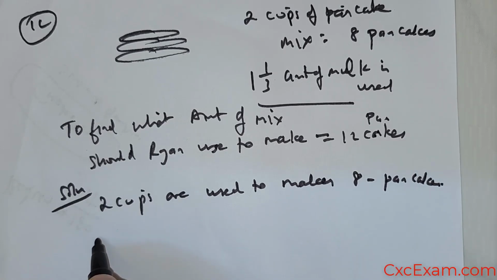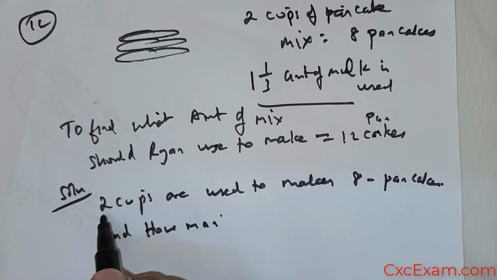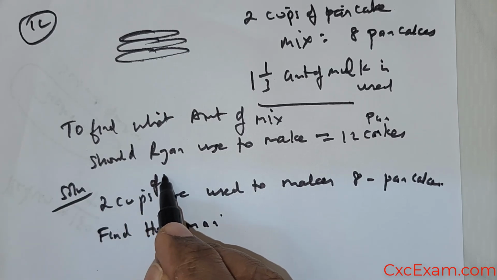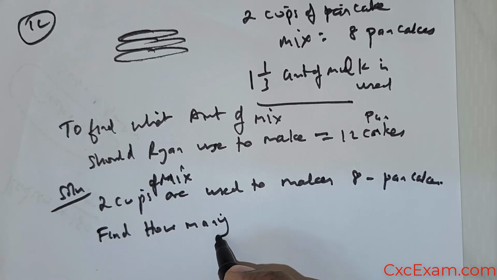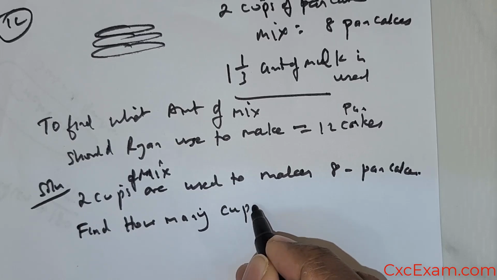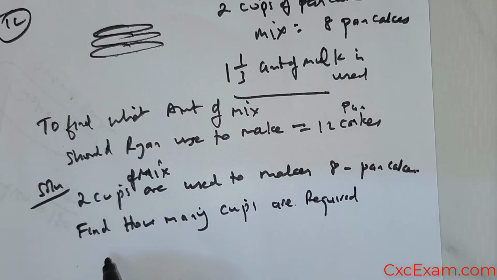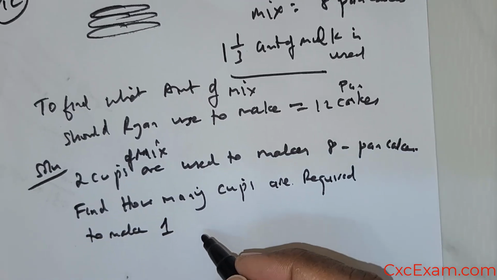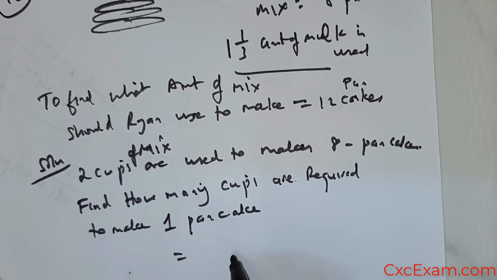So I want to find, when I say 2 cups of mix, this is pancake mix, right? So now I want to find how many cups are required to make 1 pancake. So how do we do that?